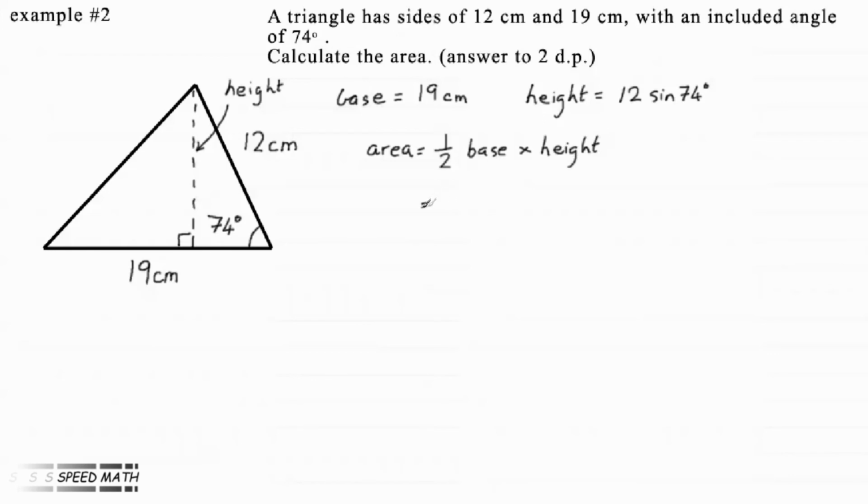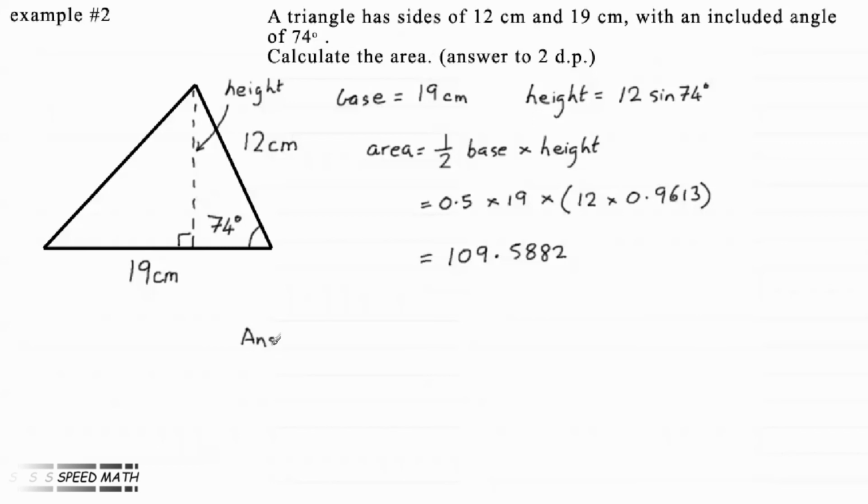We get 0.5 times 19 times 12 sine 74 degrees, which is 0.9613. Working all that out comes to 109.5882.